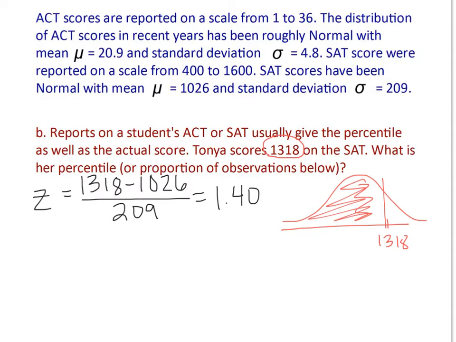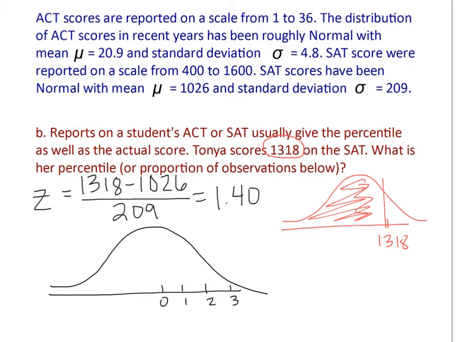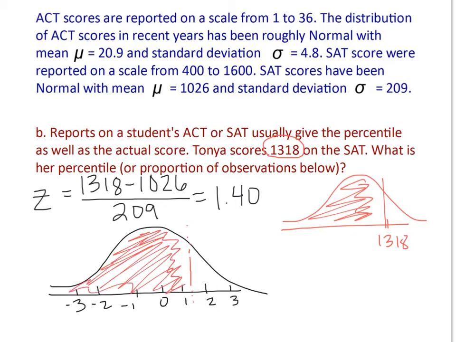So if I draw a new curve down here, this is my regular curve. I have 0 in the middle. I always do 1, 2, 3 tick marks, -1, -2, -3. I mark where 1.40 is, and I'm shading everything below because like it says in the problem, the percentile is the proportion of observations below her score.